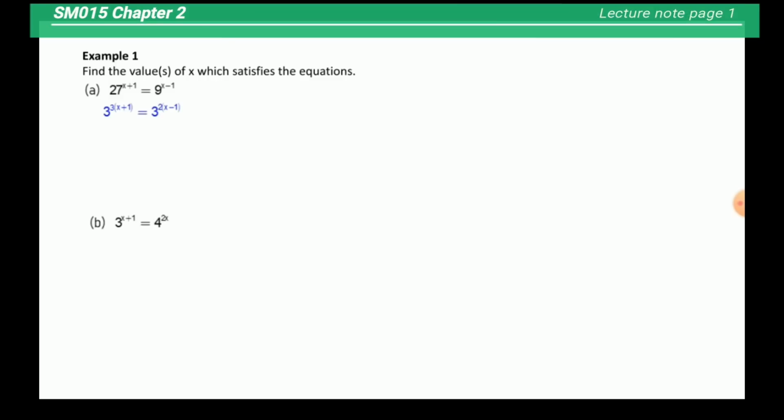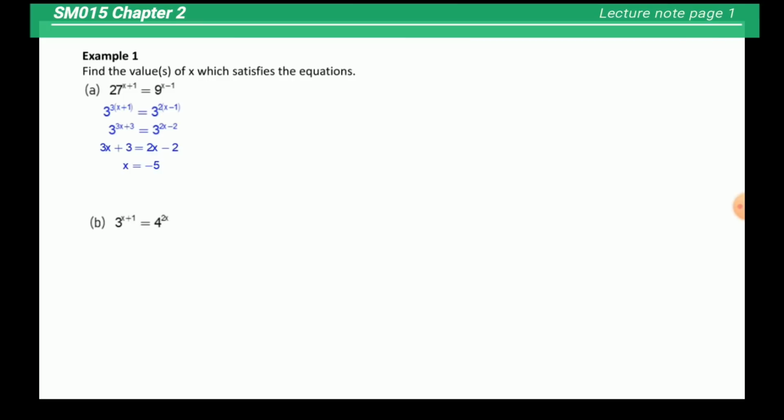27 we can change into 3 to the power of 3, and 9 we can change into 3 to the power of 2. Now we can solve the power. It becomes 3 to the power of 3x plus 3 equals 3 to the power of 2x minus 2. Now the bases for both sides are equal, so you can just compare the powers. We have 3x plus 3 equals 2x minus 2.